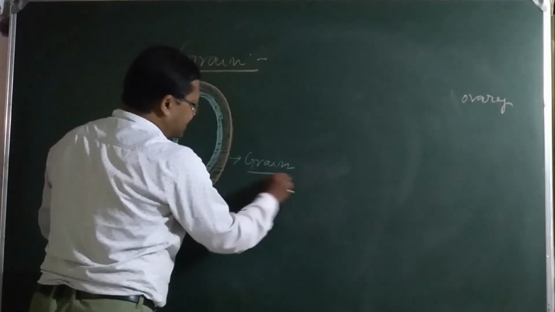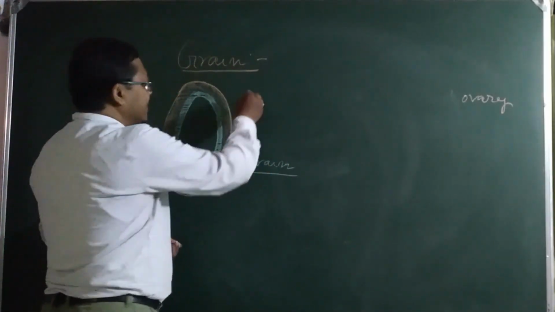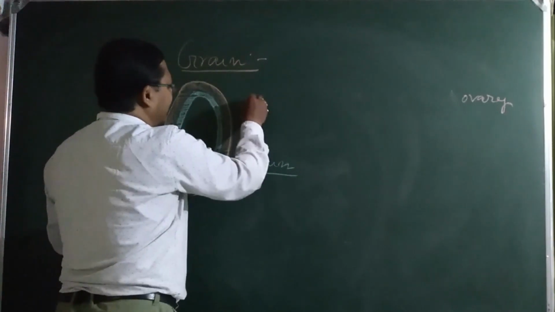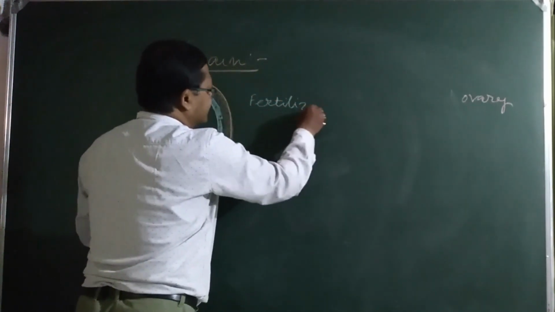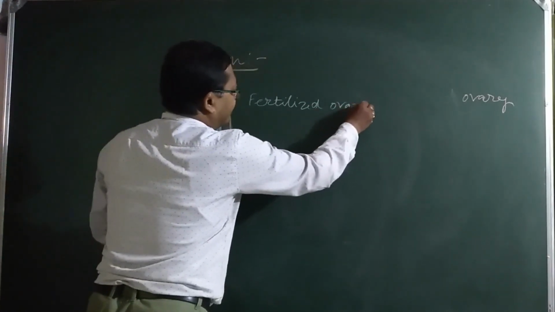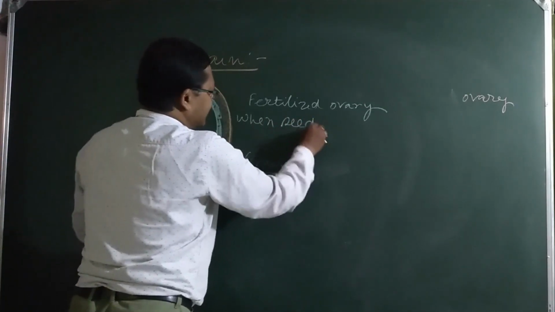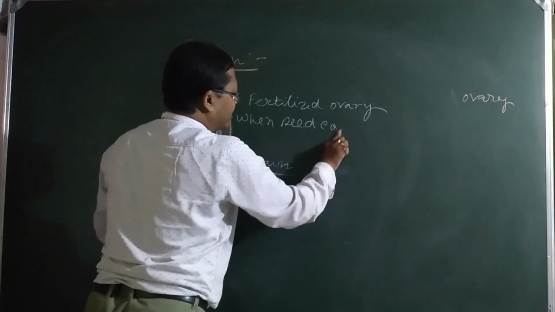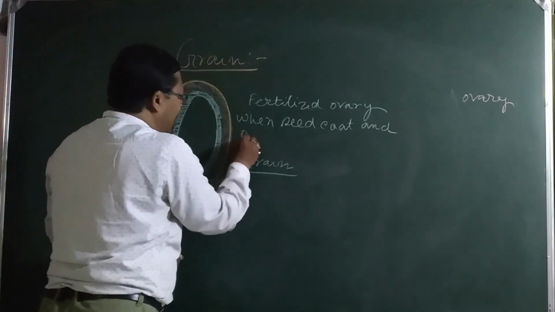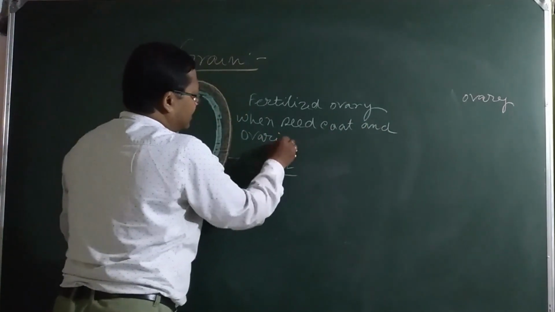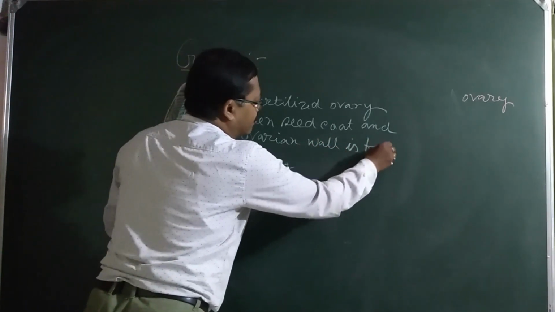So, what is grain? Grain is the fertilized ovary when the seed coat and the ovarian wall are fused.